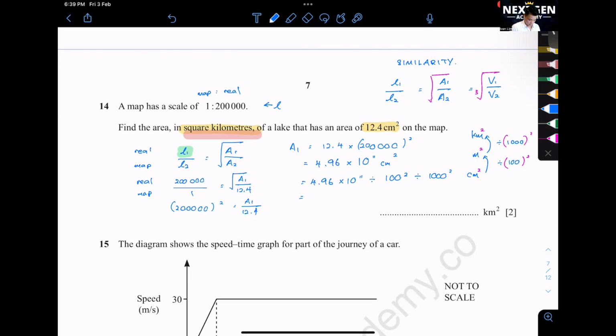What do you get? You should get 49.6, and this one is km squared. Everyone clear on the conversion of this unit?